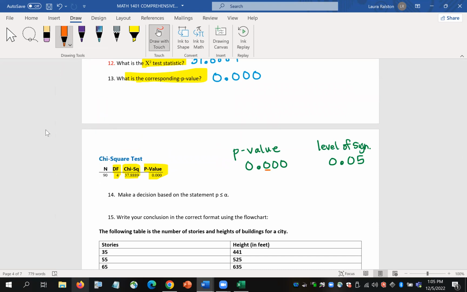Compare it digit for digit. 0 compared to 0, 0 compared to 5. 0 is less than 5, so P is less than or equal to the level of significance. Whenever the p-value is less than or equal to the level of significance, you reject the null every time, all the time.